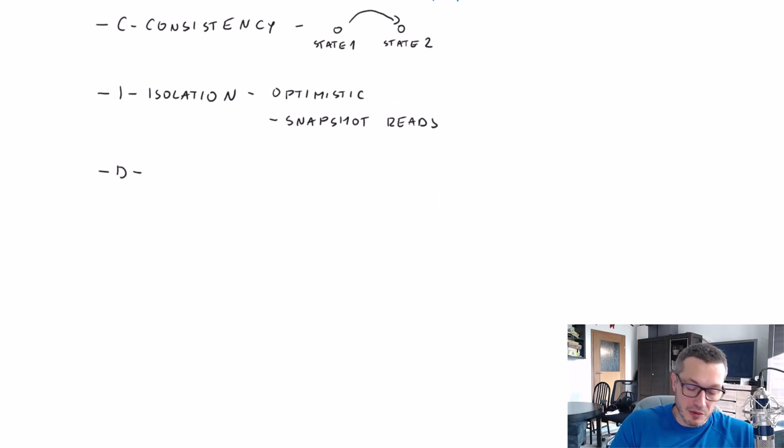And the last one is D. And D stands for durability. And again, durability means that the change, the transaction that was committed to the log, has to be persisted, no matter what. It cannot just disappear.